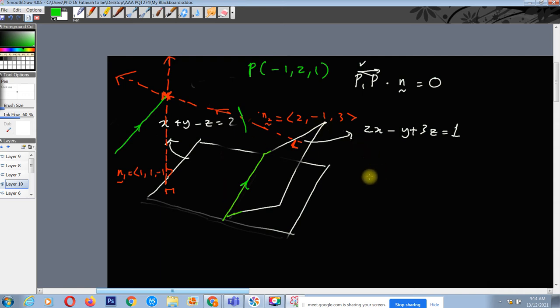So we will take N1 cross N2. We get i, j, k, with 1, 1, -1 and 2, -1, 3.